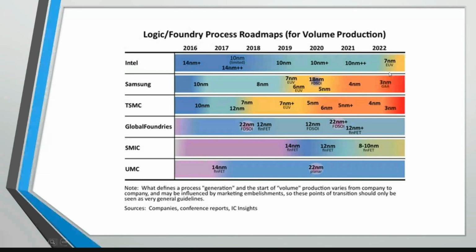So, in 2016-22, you can see a very big change of technology. Okay, to reach 14 nanometer, it really took 20 years. Did not take the picture of 2006, but in 2006 we are at 180 nanometer.